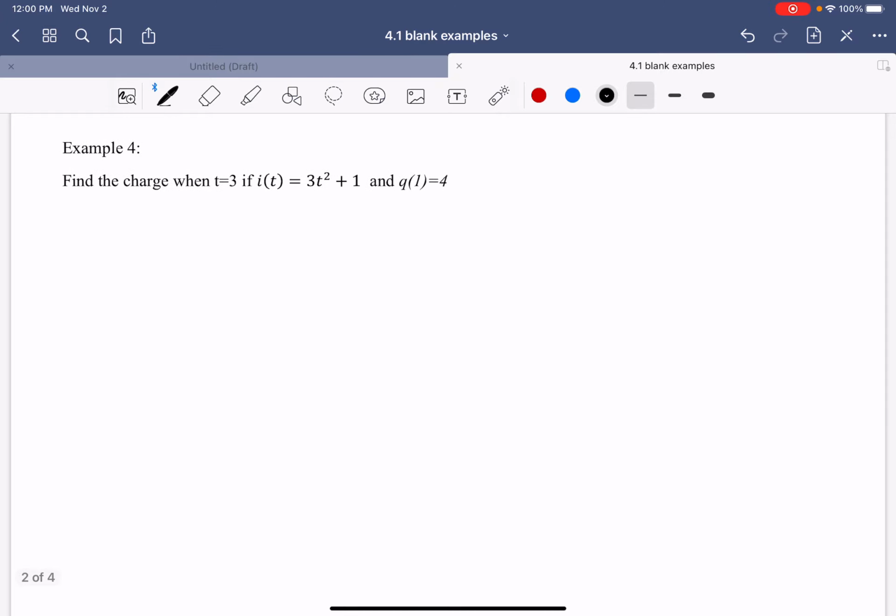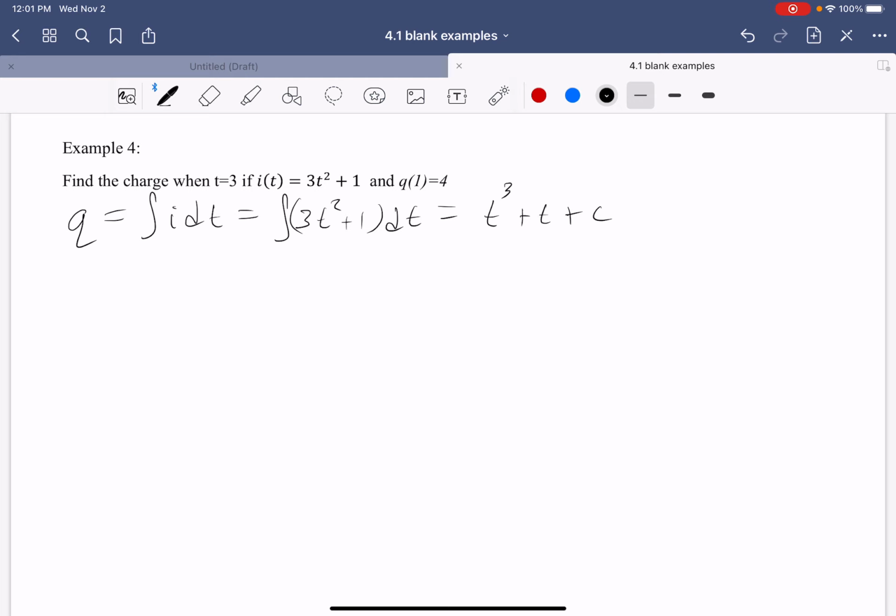Find charge when t equals 3 if given I is 3t squared plus 1 and q of 1 equals 4. So if we have to find charge given current, q is the antiderivative of I dt, which gives us an antiderivative of t cubed plus t plus a constant, which in this case would be initial charge.